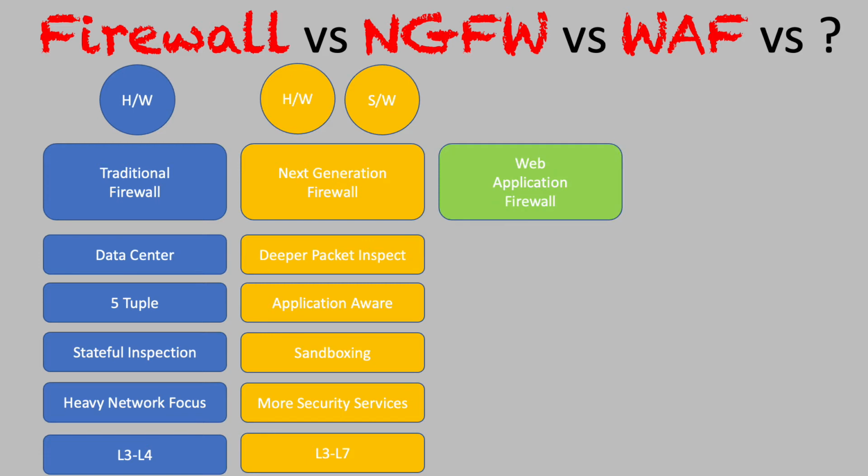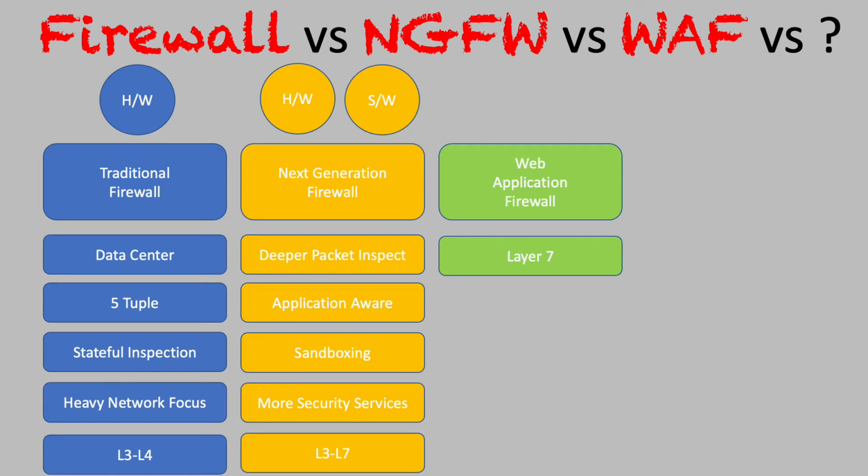And then what happened a few years later, we evolved from the next generation firewall to the web application firewall. And one of the main driving factors for this was the evolution of the cloud itself. If you look at AWS, GCP, Azure, you can get web application firewalls on those platforms. So what are these firewalls?